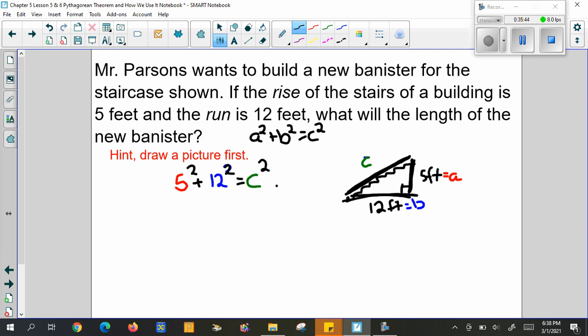All right, I'm going to start by solving the squares. 5 squared is 25. 12 squared is 144, equal to c squared, because I do not know c.